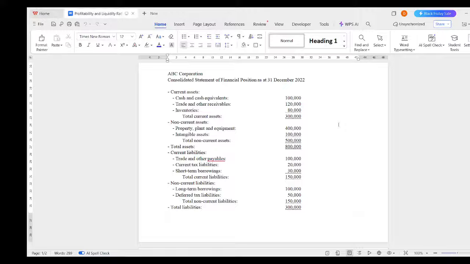Then non-current liabilities, we have long-term borrowings 100,000. Deferred tax liabilities 50,000. Total non-current liabilities 150,000. Total liabilities 300,000.